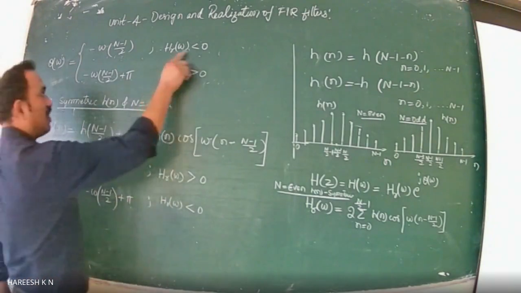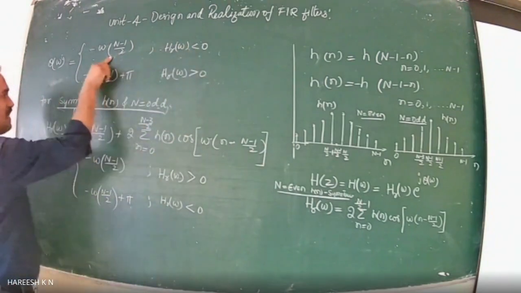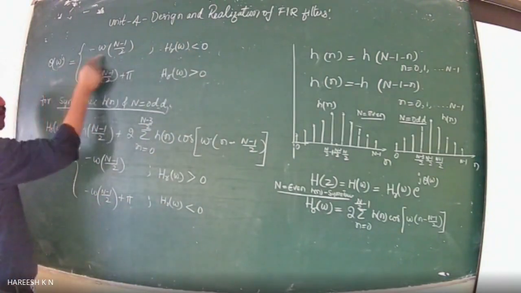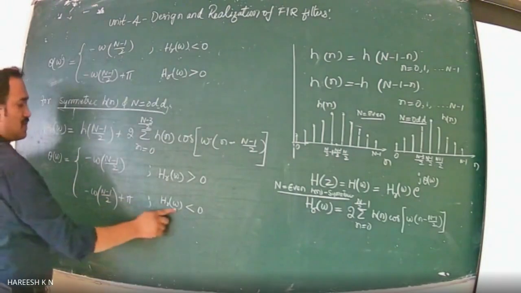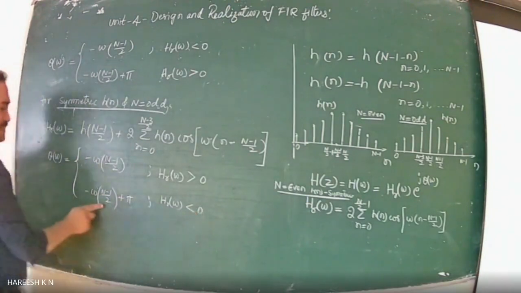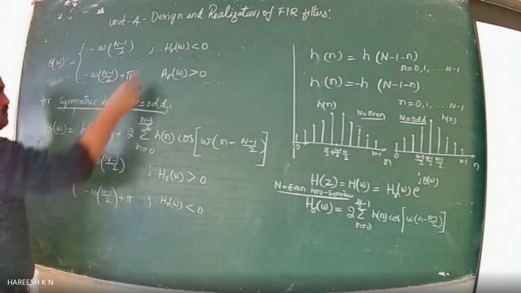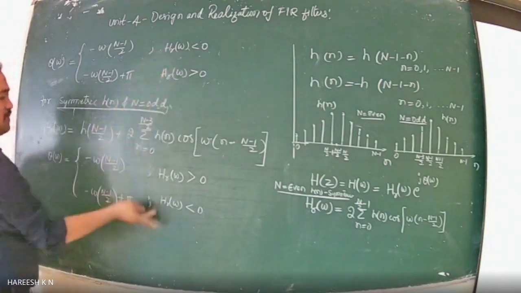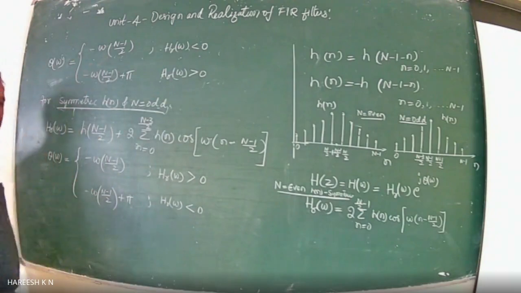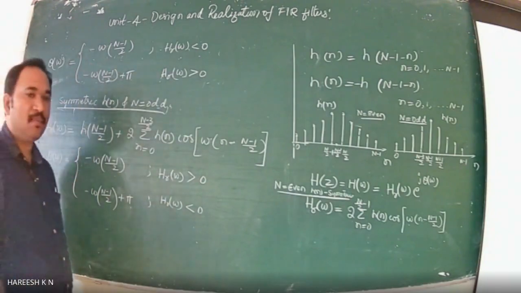For HR of omega less than 0, this is the expression that theta of omega will take on.